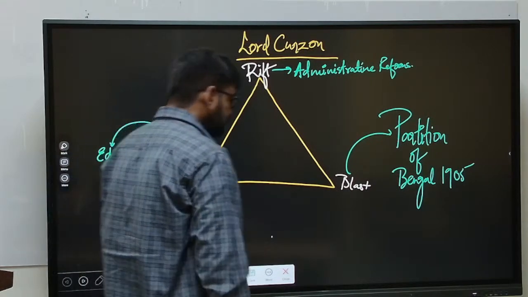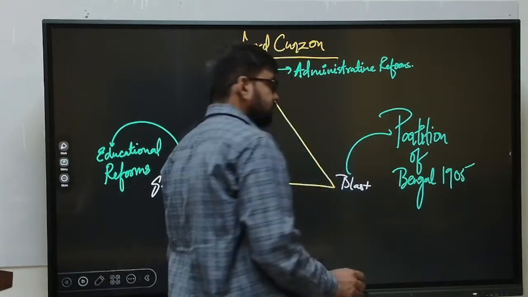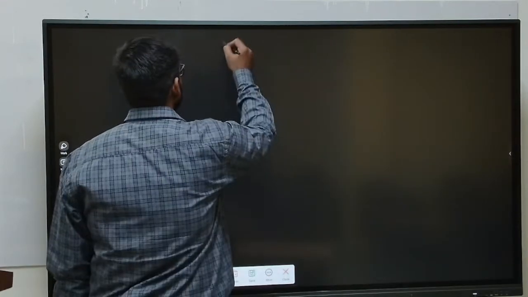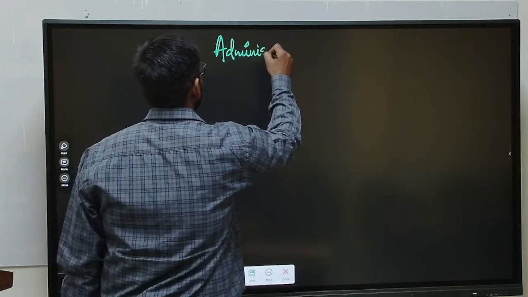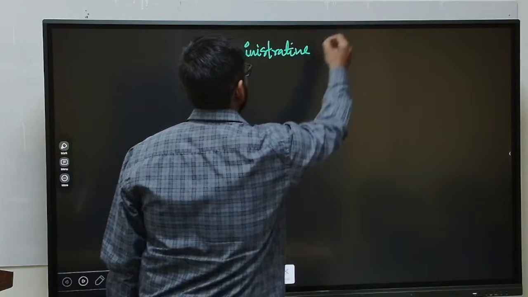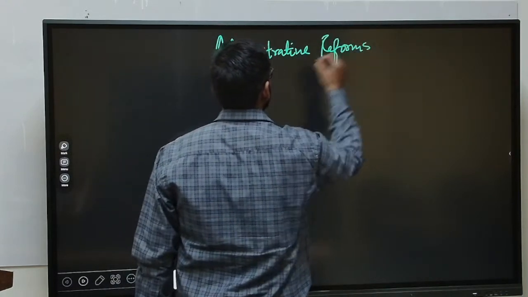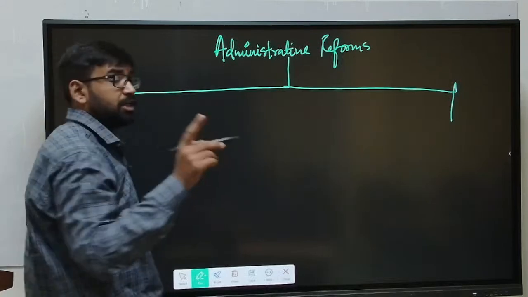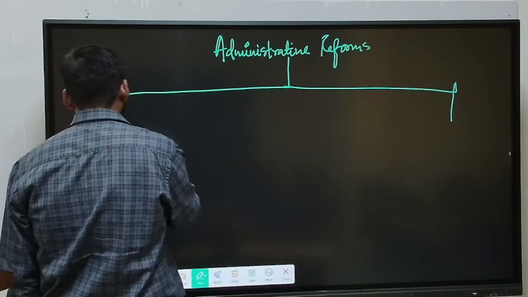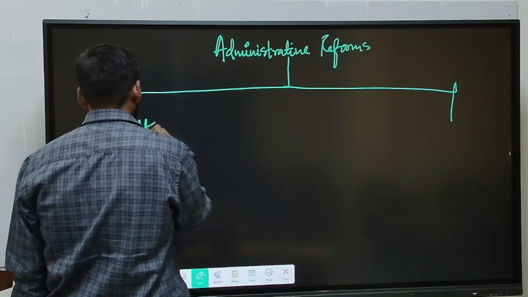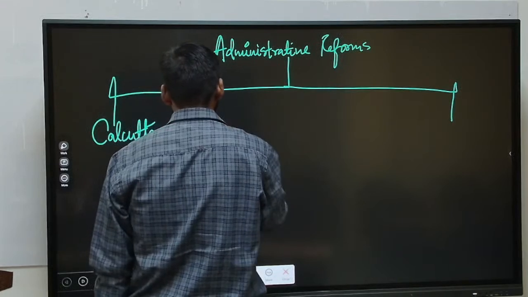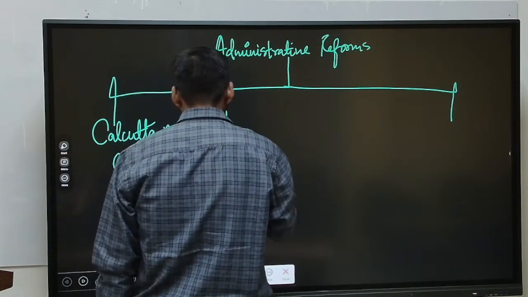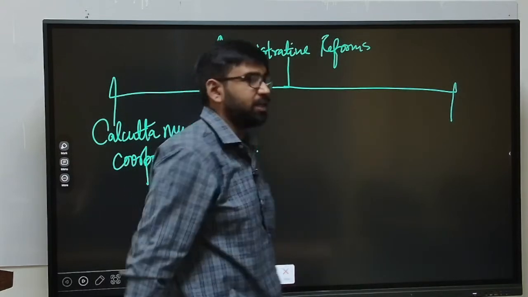The two administrative reforms of Lord Curzon are, first, he introduced and passed the Calcutta Municipal Corporation Act, and this act was passed in 1899 itself.